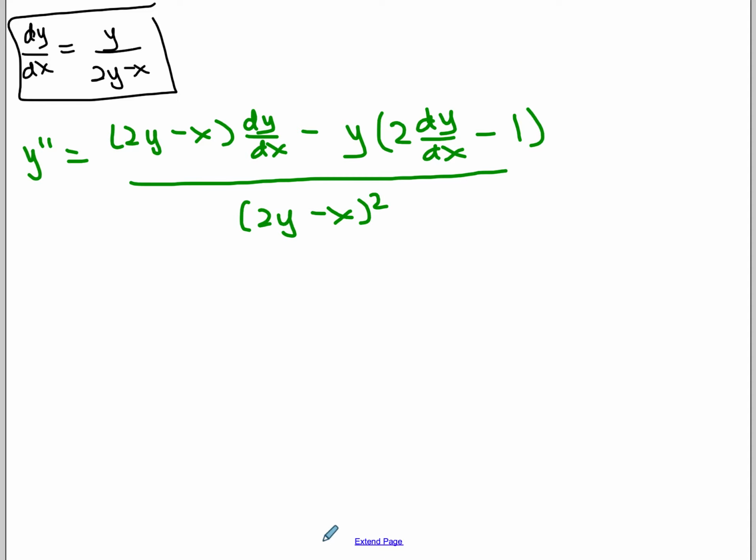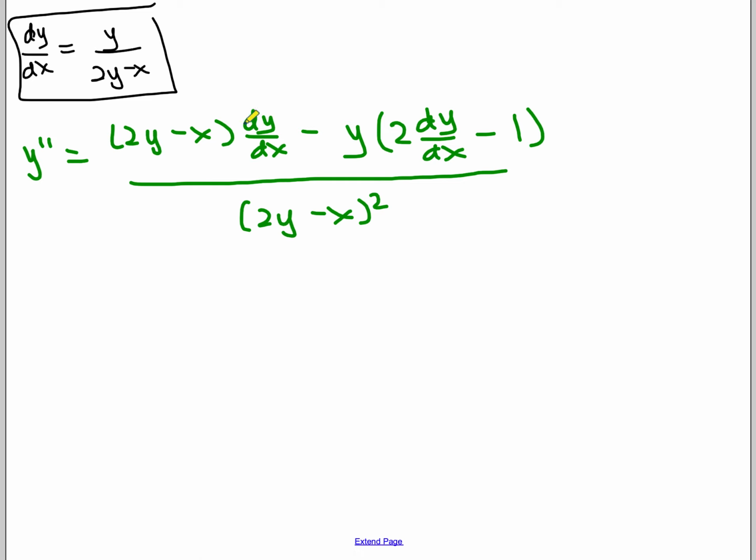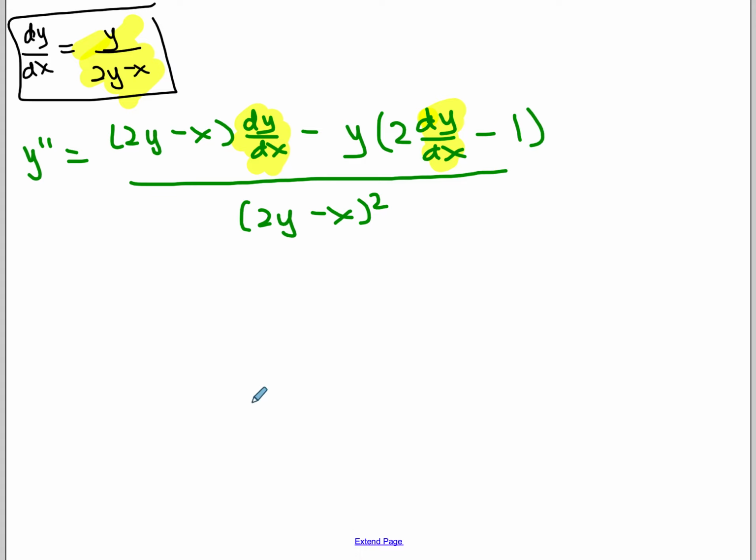Okay. And now I'm going to go ahead and simplify. Same idea here, you guys. You cannot have your dy/dx left in there. So I need to sub in this for my dy/dx. So I'm going to go ahead and do that now, taking this and plugging it in here and here.